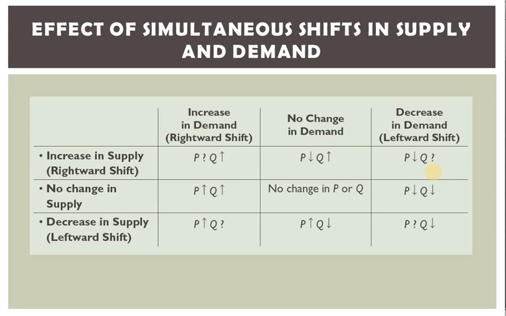Kaya kahit anong gawin mong baba ng presyo mo, si market hindi pa rin bibili. Why? Because hindi na siya swak sa panlasa, hindi na siya needs, or hindi na siya wants ng iyong consumers. So, in our supply here, no changes in supply. Walang pagbabago, same thing, stagnant.